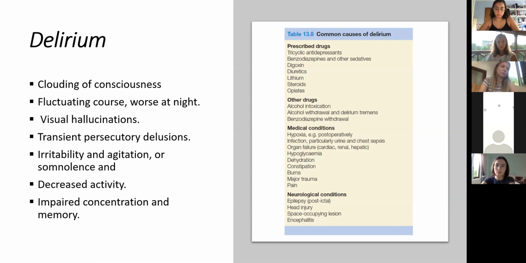Common causes are some drugs, but what I want to focus on is the medical conditions, like hypoxia, and in organ failure, people can be in a state of delirium.